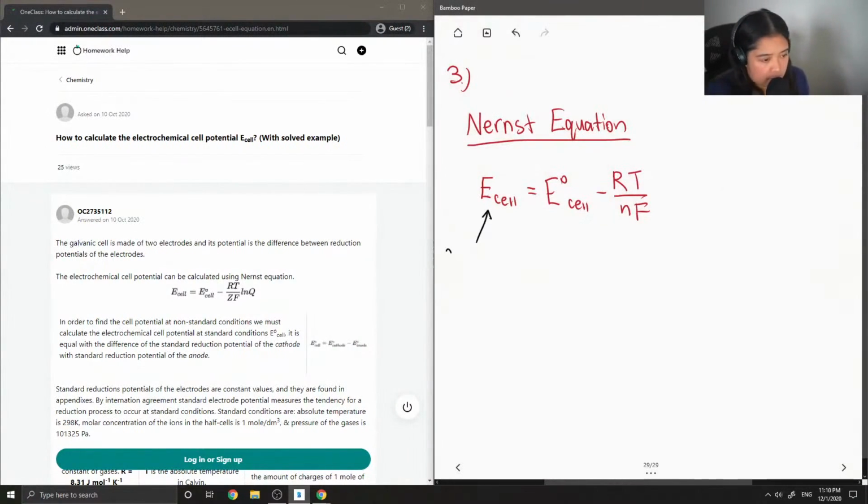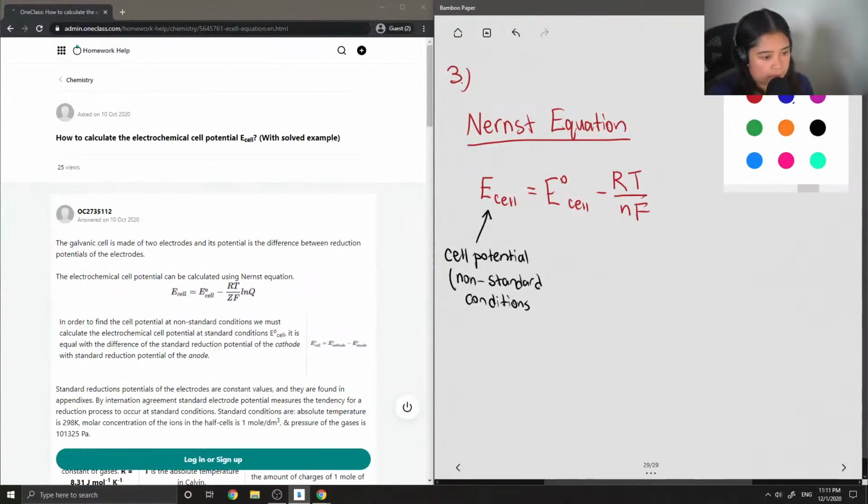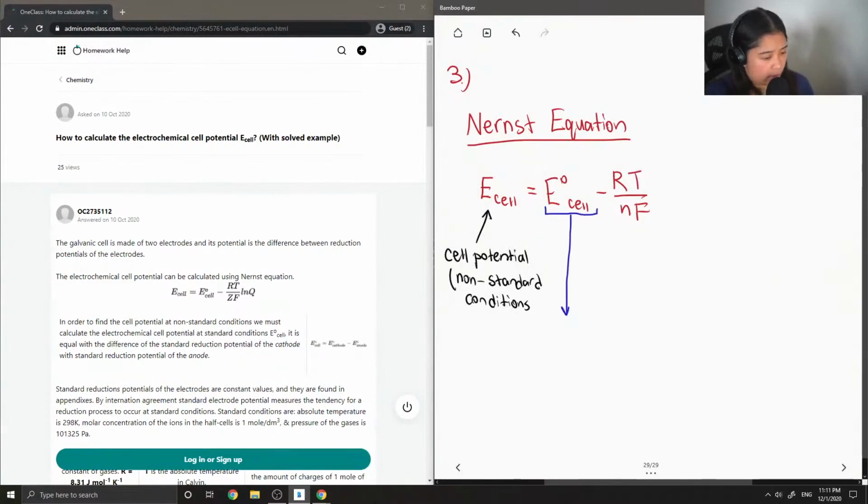Okay, so E cell is the cell potential, and this is in non-standard conditions. Ecell, I'll define down here.